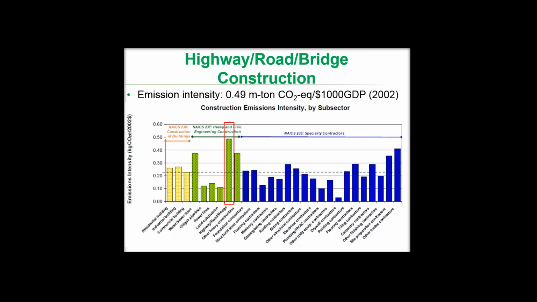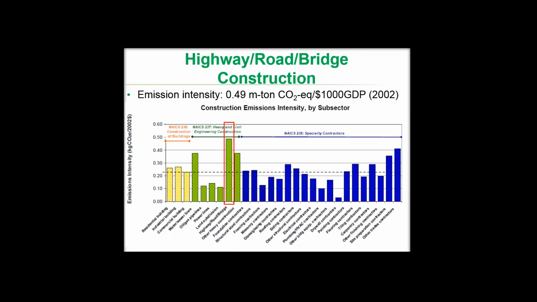The figure that you are looking at right now divides the construction sector into 3 parts. The first part, the yellow bars, shows the construction of buildings such as residential buildings. The second part, the green one, involves the heavy and civil engineering constructions such as roads, highways, and bridges. And the blue bars are the ones related to specialty contractors, such as putting on roofing shingles, or using drywall, and so on.